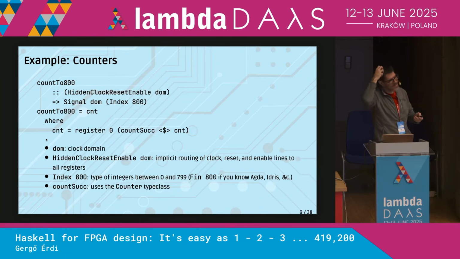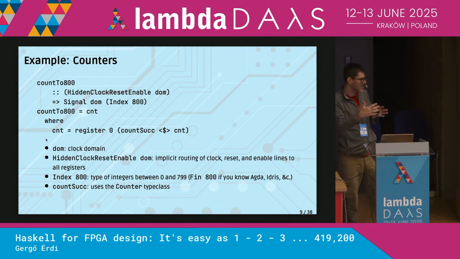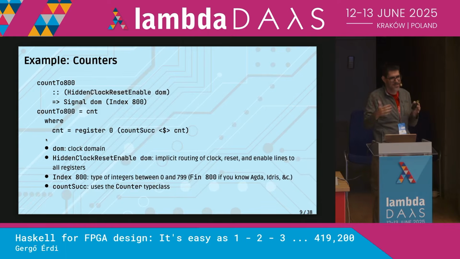But that just means that this is the type that goes from 0 to 799. So it will compute the number of bits required to do that, because we're building hardware. So it's not like we use 8 or 16 or whatever bits. We can use as little or as much as we want. So for Index 800, we're going to just use 10 bits.